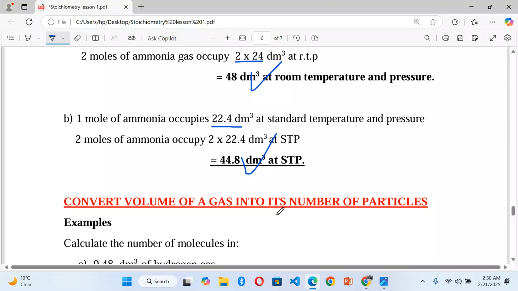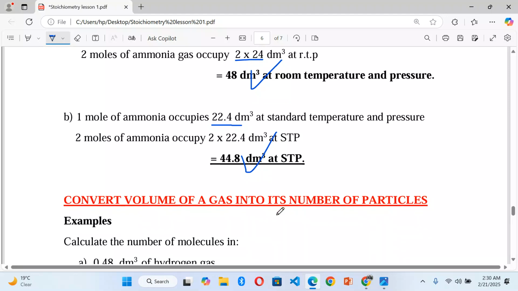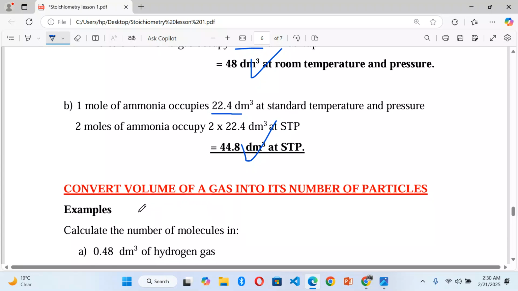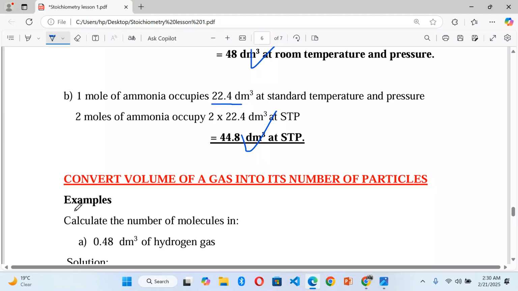Finally, we have converting volume of a gas into its number of particles. We have an example that says: calculate the number of molecules in 0.48 decimeter cubed of hydrogen gas.